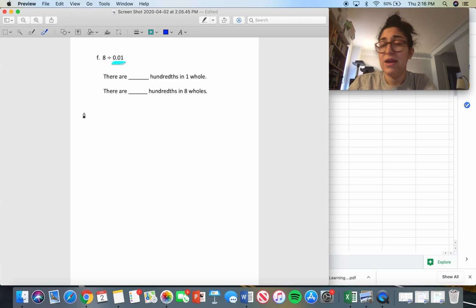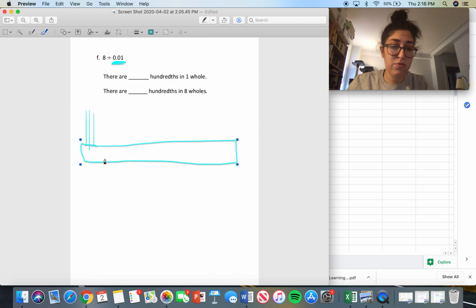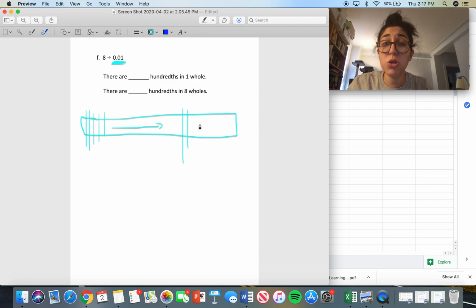So if I had, and I'm not going to do this because this would take a very, very, very long time, but if I had one whole and I wanted to break it into 100 pieces, 1, 2, 3, 4, right, 5, all the way down until I broke it down and I had 100 pieces.